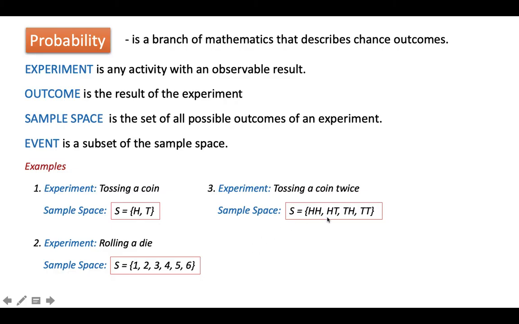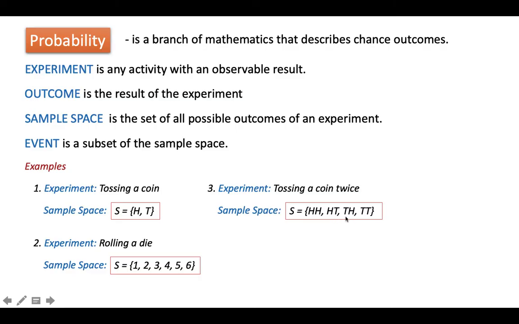Now, it can be that in our first toss it is a heads, then for our second toss it is a tails. So our second set is heads and tails, HT. Or if in our first toss the outcome is tails, and in our second toss the outcome is heads, our other set is tails and heads, TH.